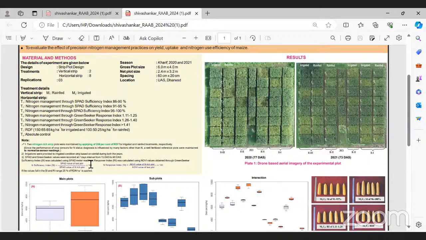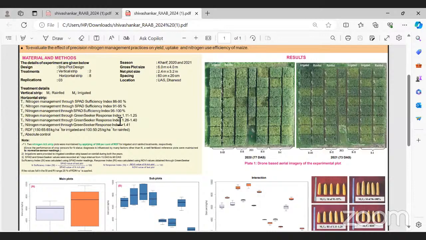Similar to the SPAD sufficiency index, the response index was calculated using the NDVI values obtained from GreenSeeker. The response index is calculated as the NDVI values taken from the enriched plot to the NDVI values taken from the test plot.